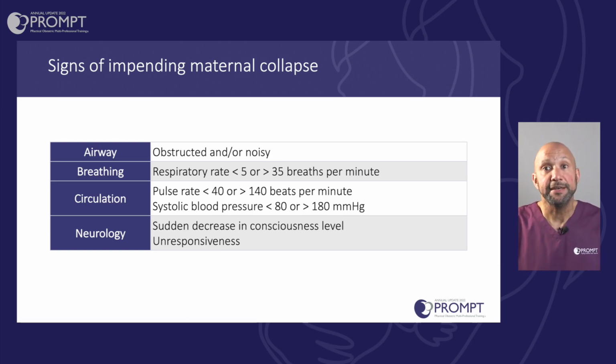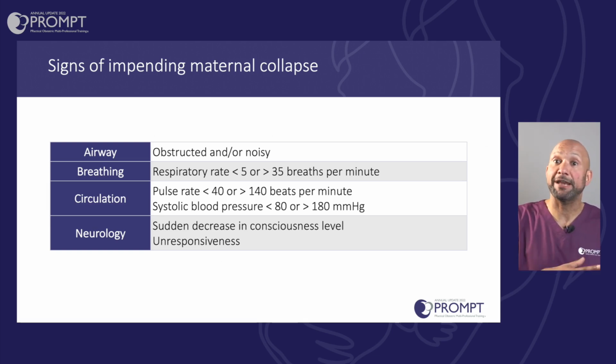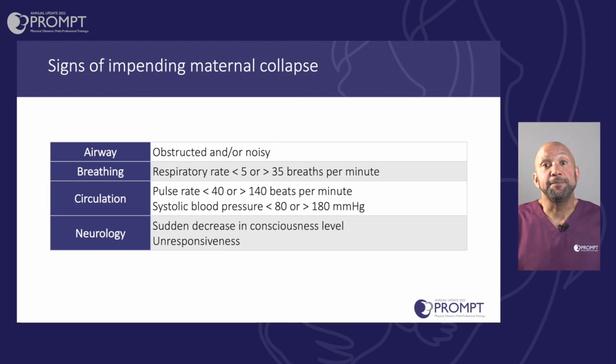On circulation, is there a very low or very high pulse rate, or is the systolic blood pressure very low or very high? And then in terms of disability, is there a sudden decrease or any kind of change in consciousness level or certainly unresponsiveness? But of course, use your clinical acumen as well. If you're concerned, then escalate to senior people within the team.